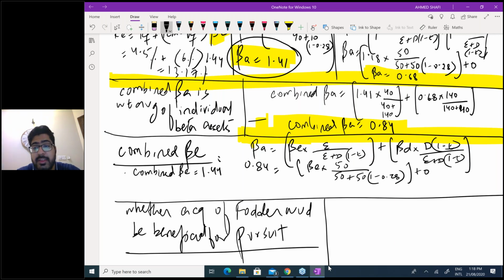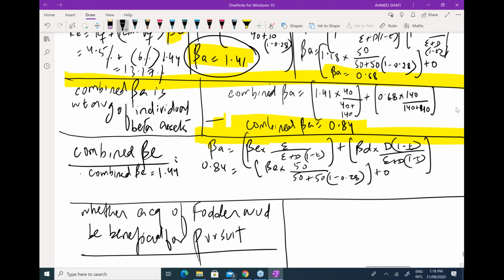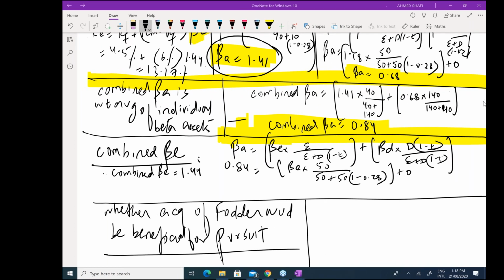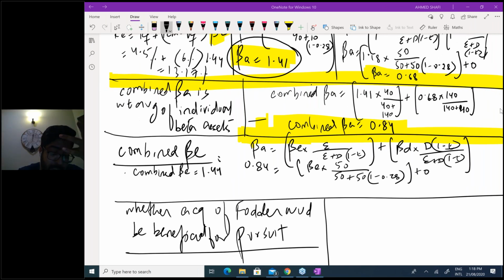But the question later mentioned the free cash flow to company method should be used to estimate value of Fodder and the combined company. So we use the FCF method to estimate value of Fodder and the combined company.